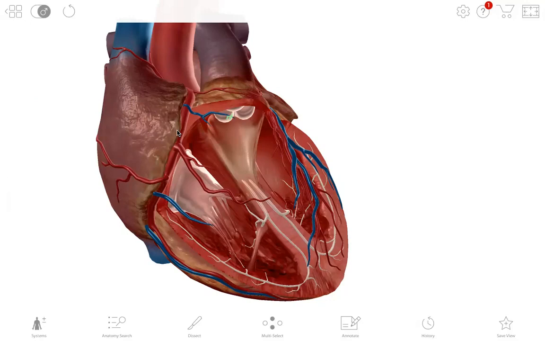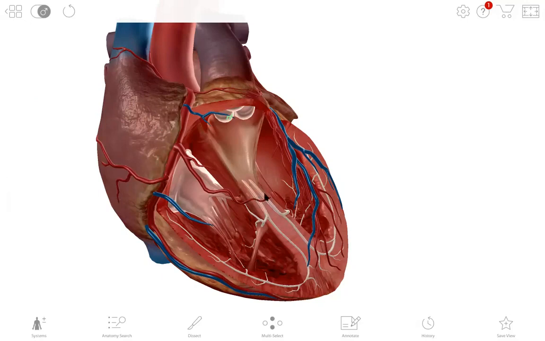So the pacemaker of the heart is the SA node. The AV node will collect these impulses, then through the membranous part of the interventricular septum, which is called the bundle of His, it will divide into two branches. One of them is called the left bundle branch, and the other is called the right bundle branch.